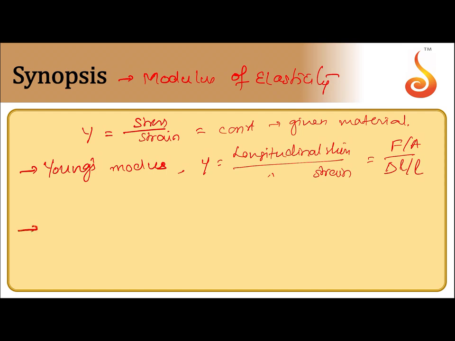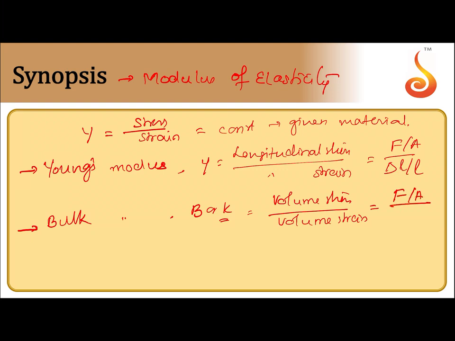Second is bulk modulus of elasticity, which is represented by B or K, any symbol is used, and this is volume stress, bulk stress divided by bulk or say volume strain, according to which this is F divided by A divided by volume strain, which is delta V divided by V. Most of the times this happens to be negative, because the object is under the influence of compressive forces.